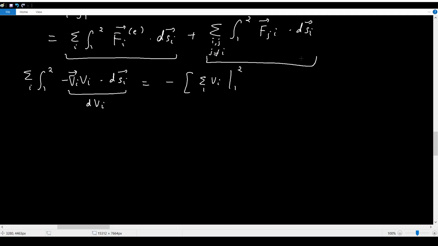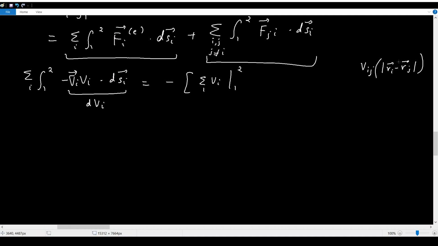Now let us consider the second term. We are again assuming that the forces are conservative. Now, as for the potential associated with this internal force, Vij, this has to be a function of Ri minus Rj and the magnitude of that.